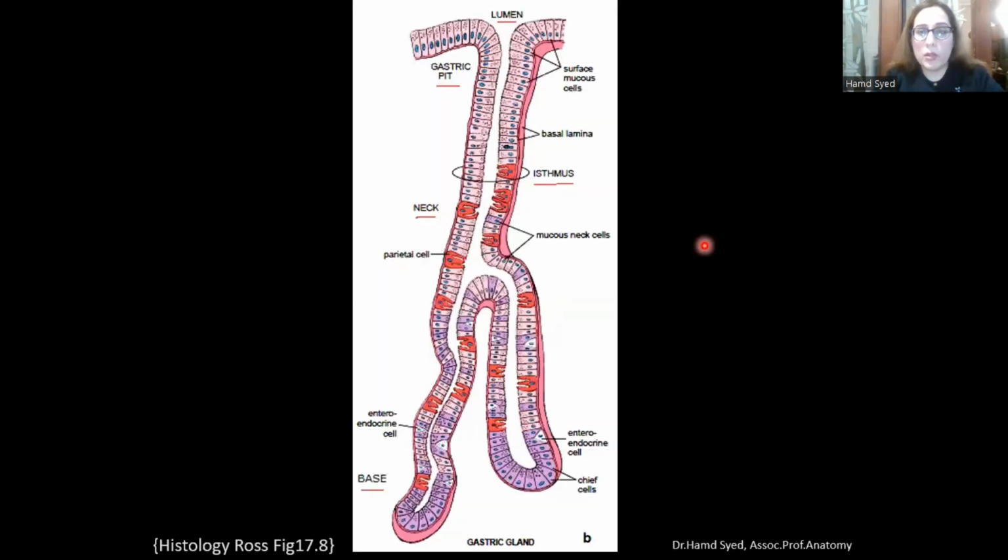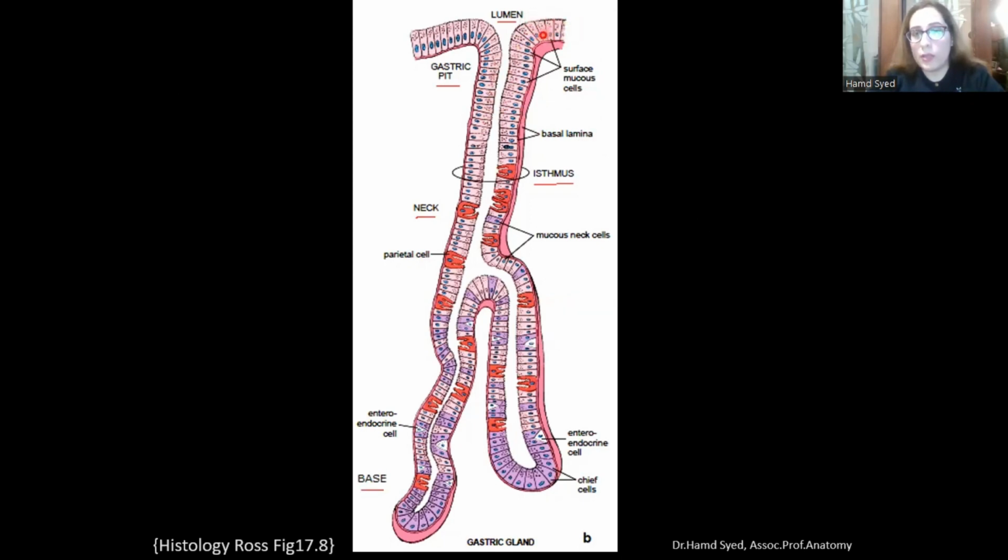Now, since we're going to talk about these cells individually, first I'm going to show you a labeled diagram of the gastric gland depicting the different cell types. So here, when we talk about the gastric pit, we know this is the region which is lined by surface mucous cells. Surface mucous cells are the cells in simple columnar epithelium, and these are the ones which are continuous from the inner aspect of the lumen, that is the surface cells.